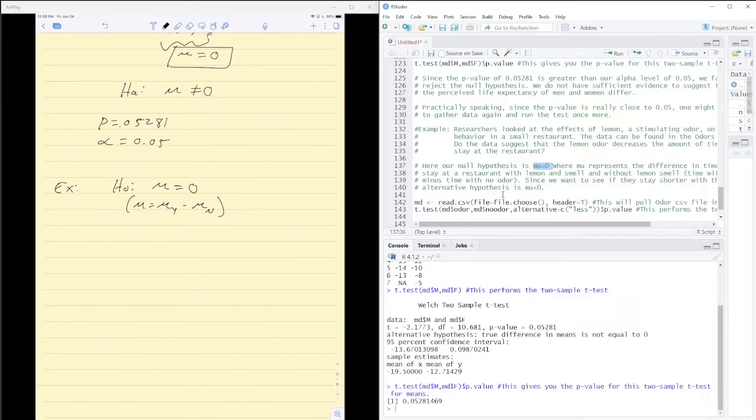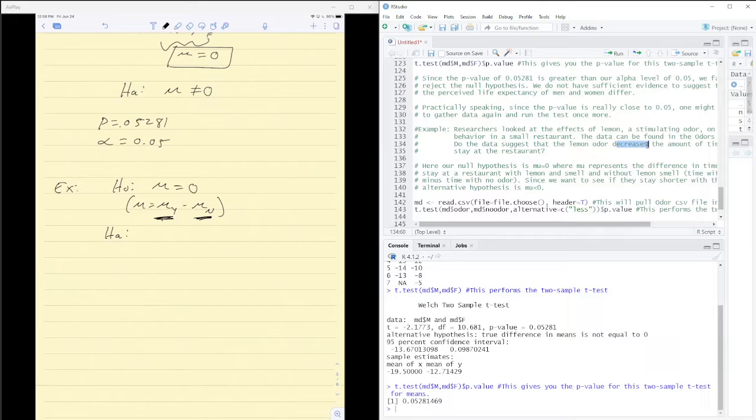So our alternative hypothesis is we want to see if the time decreases, meaning the time with lemon is smaller than without lemon, right?